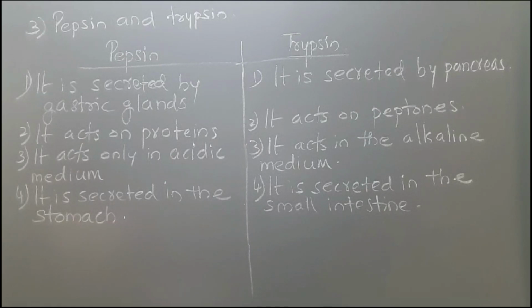Pepsin acts only in acidic medium. Trypsin acts in the alkaline medium. Pepsin is secreted in the stomach. Trypsin is secreted in the small intestine. These are the 4 differences between pepsin and trypsin.